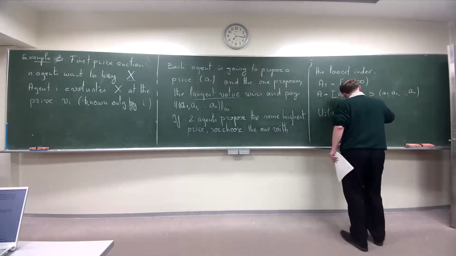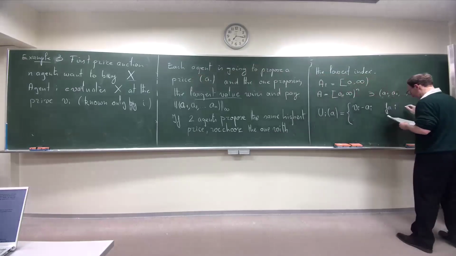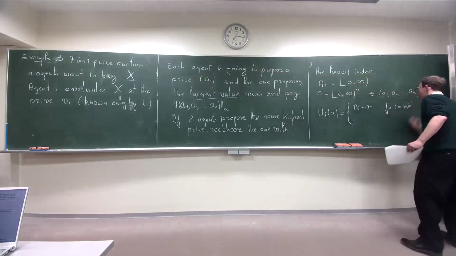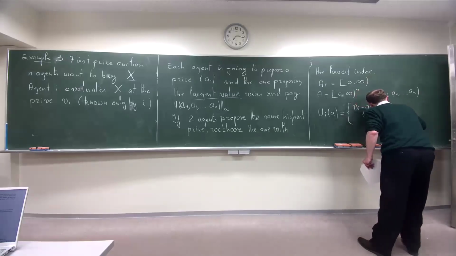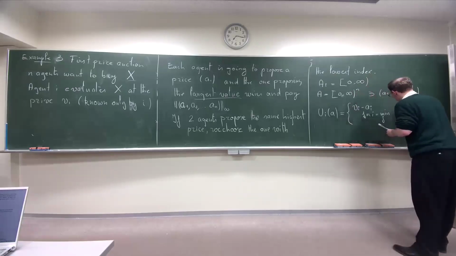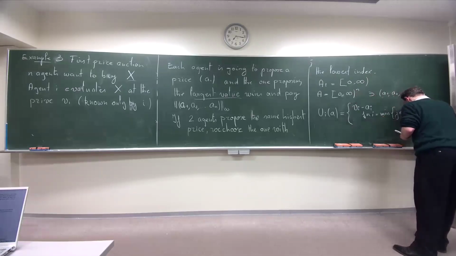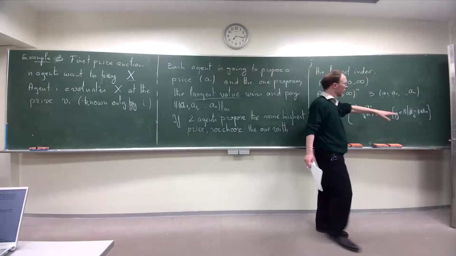It's going to be Vi minus Ai for i, which is given by the minimum over j of those agents. Okay, so you need to think for a second.